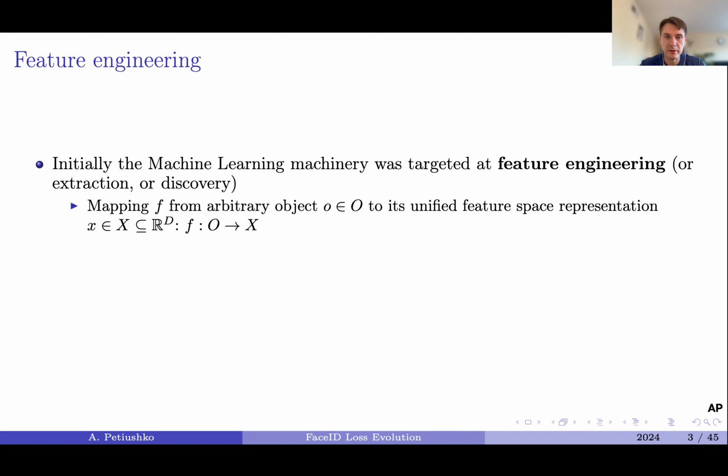This is a mapping f from some arbitrary object o lowercase in O capital, where O capital is the set of all objects, to some unified feature space representation, x lowercase in X capital, which is a subset of some R^d. So f maps O capital to X capital, and we have this mapping between objects and their representations.